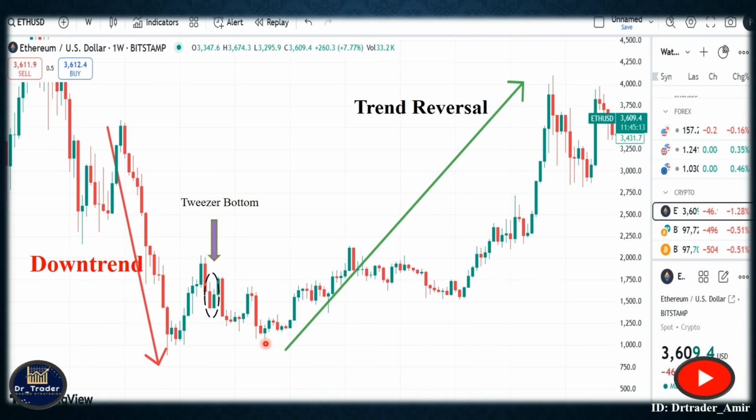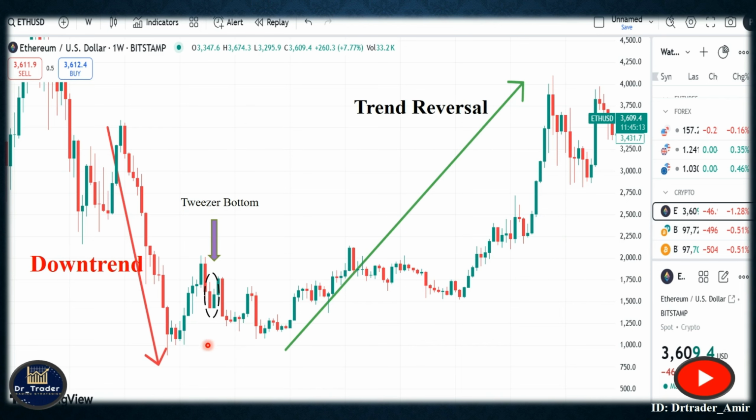After it, there was a very sharp increase in the price, from approximately $1,100 to more than $4,000, and we can see that there was an approximately $3,000 increase in the price of the market after seeing this tweezer bottom candlestick pattern.